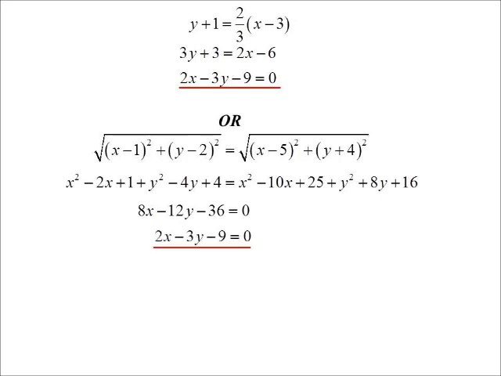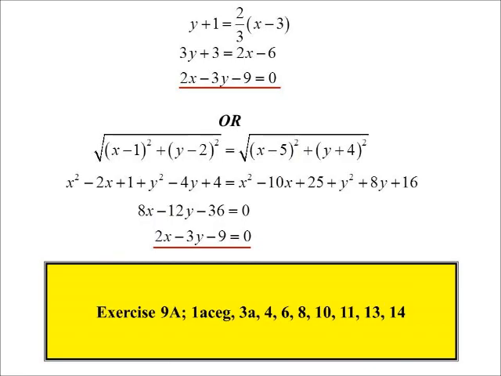Oh, of course, there's a common factor of 4 there that I can divide everything by and we get the same equation. Maybe that way is a little bit quicker. Who knows? But just as a little hint, that idea of perpendicular bisector comes in very handy later on in extension 2 when we're looking at complex numbers and locus. So exercise 9a.